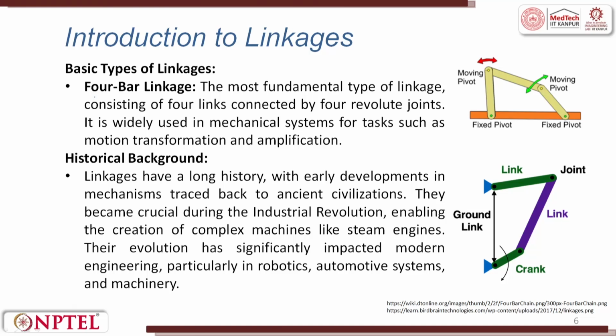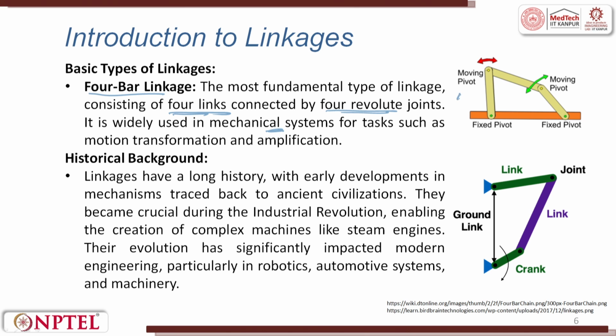First, let us try to understand what a 4-bar linkage is. In a 4-bar linkage, you will have a linkage that consists of 4 links connected by 4 revolute joints, which are widely used in mechanical systems for tasks such as motion transmission and amplification.